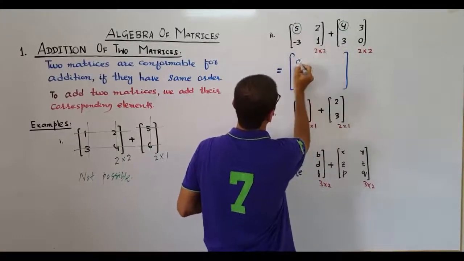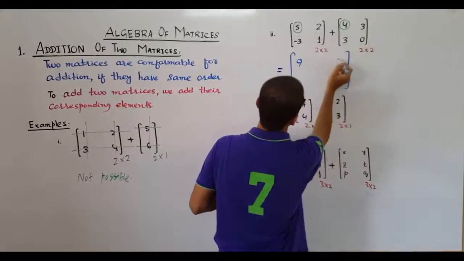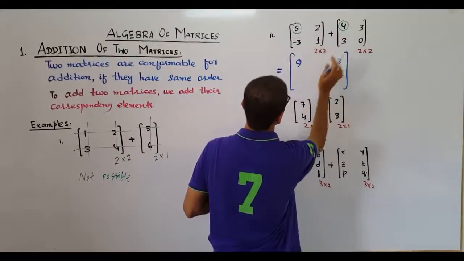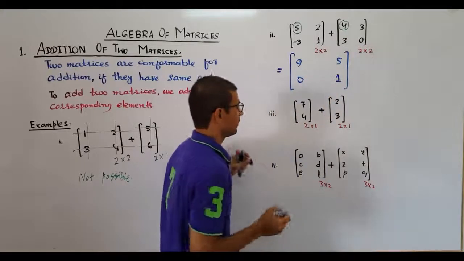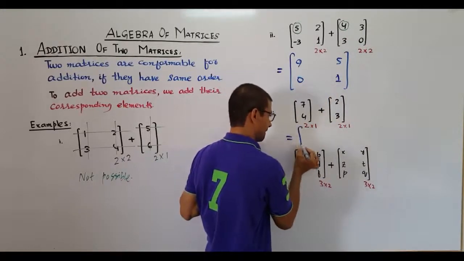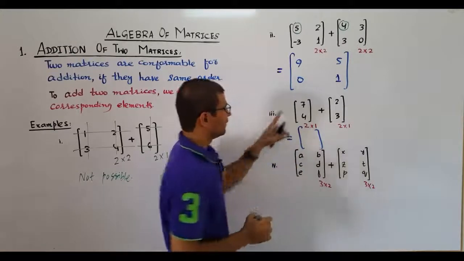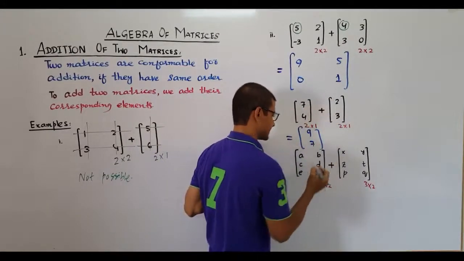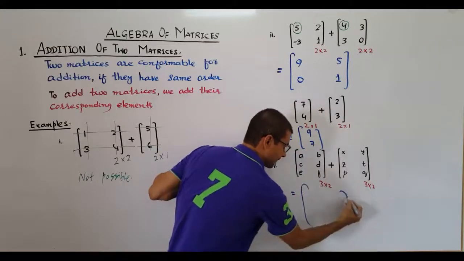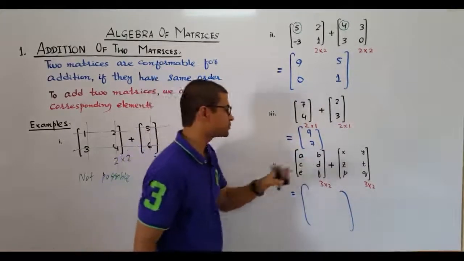5 plus 4, 9, 2 plus 3, 5, -3 plus 3, 0, 1 plus 0, 1. 7 plus 2, 9, 4 plus 3, 7. In this example, we have to add these 2 matrices.